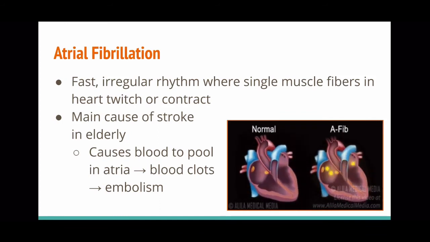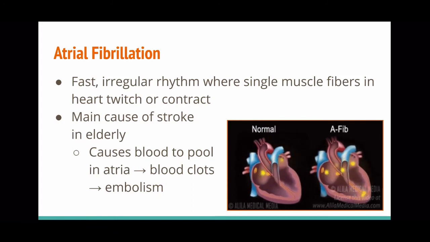And obviously, if you remember from chapter 9, if part of that blood clot were to break off and travel to the brain and cause a blockage, that would cause an ischemic stroke caused by an embolism. So for this reason, many patients with atrial fibrillation need what we call antiplatelet therapy, which prevents blood clots from forming and thus reduces the risk of a stroke.